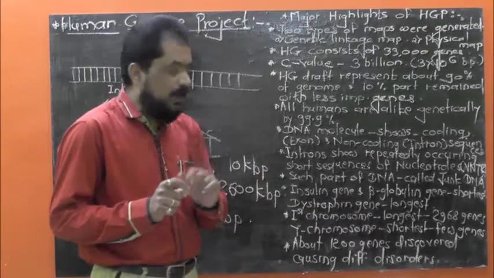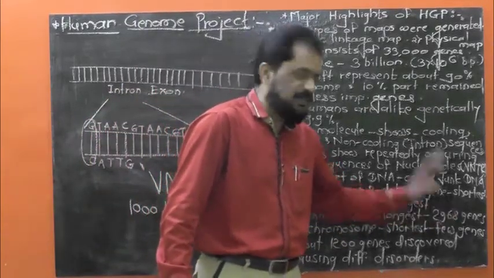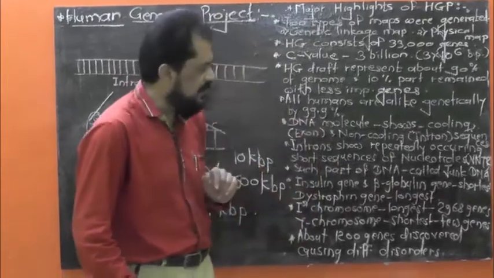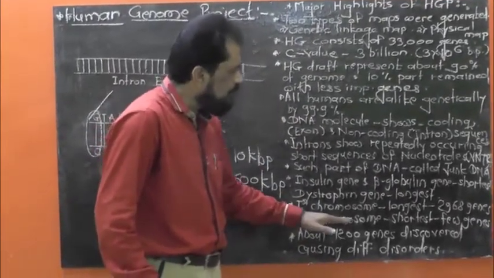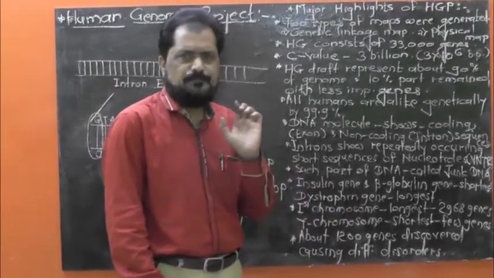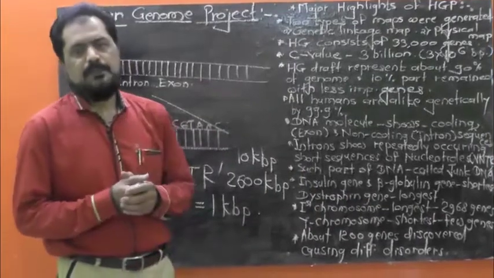It shows about 2968 genes. While the Y chromosome is the shortest one and it contains very few genes.